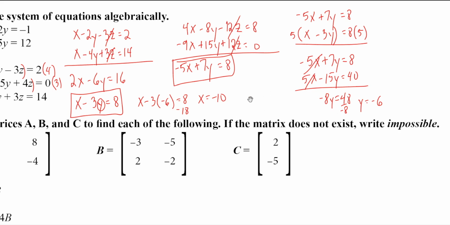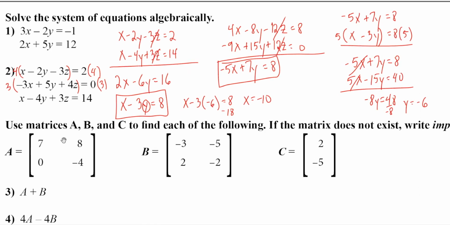And then one more. Got to find z. So find a place that has z in it. Let's just do this bottom one right here. X minus 4y. Slide it in here. So x, what did I say x was equal to? Negative 10, right? Negative 10. Can we do the y in our head? Negative 4 times negative 6, which is plus what? 24 plus 3z equals 14. This is going to be 14.